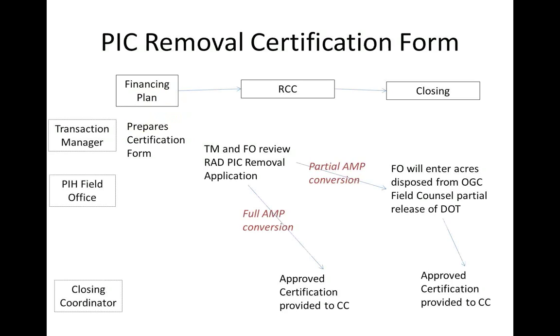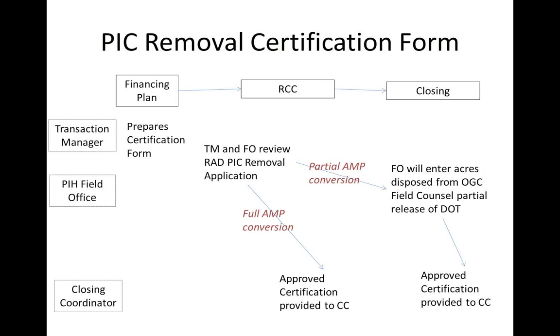Okay, so then in the timeline of any given transaction, we move on ahead to the review of the financing plan. This is where HUD actually looks at what the PHA submitted into PIC and assesses more formally whether the entries are appropriate.